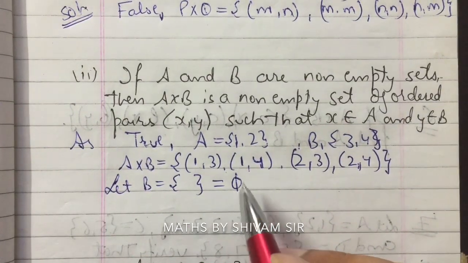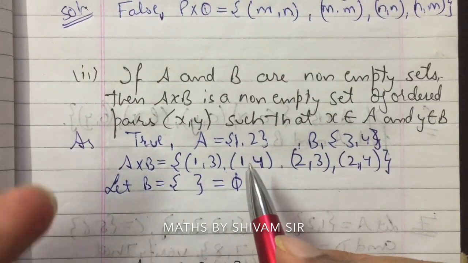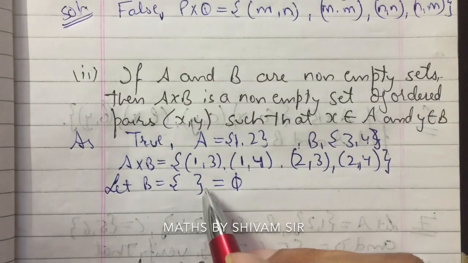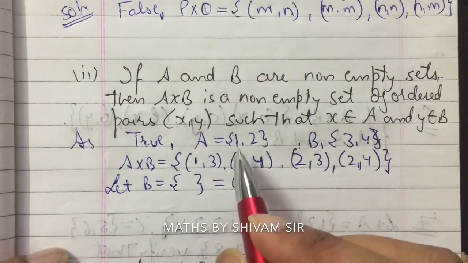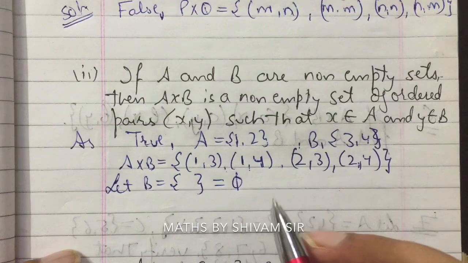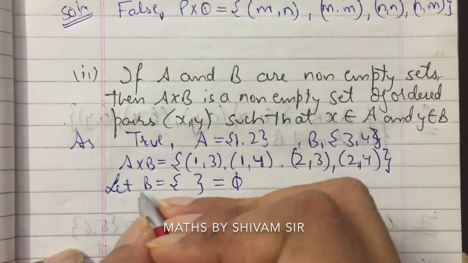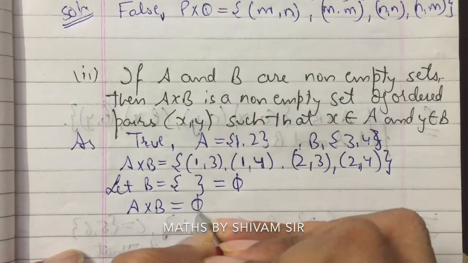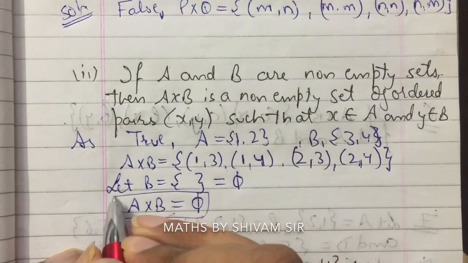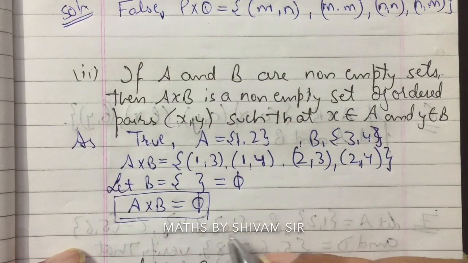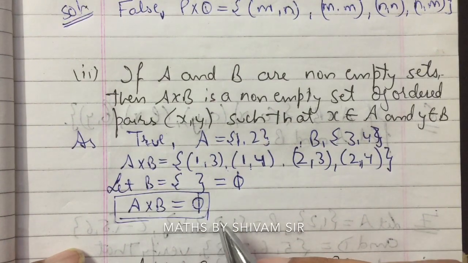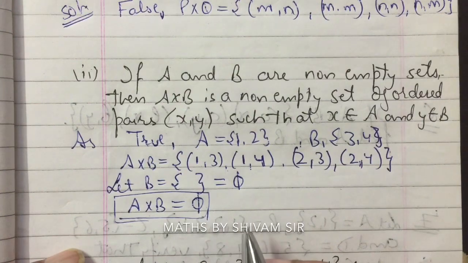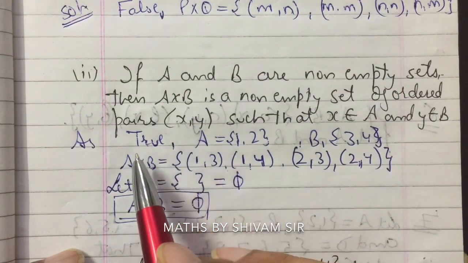It is not going to be an element. 1 multiplied by an empty set will always be an empty set, right? So an element multiplied by phi will always be phi. So we can say if B is phi, A cross B will also be phi. Remember this result also, we will use it later on. So if any one of the sets is an empty set, A cross B will also be an empty set, right?